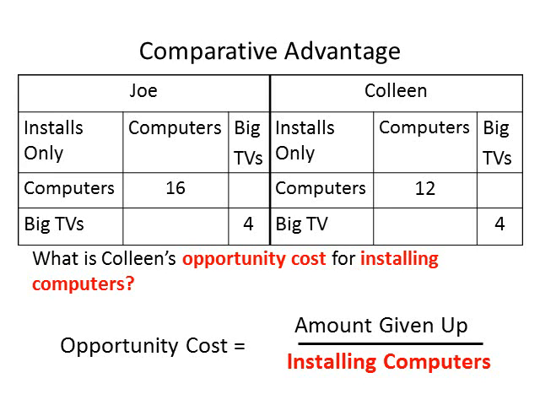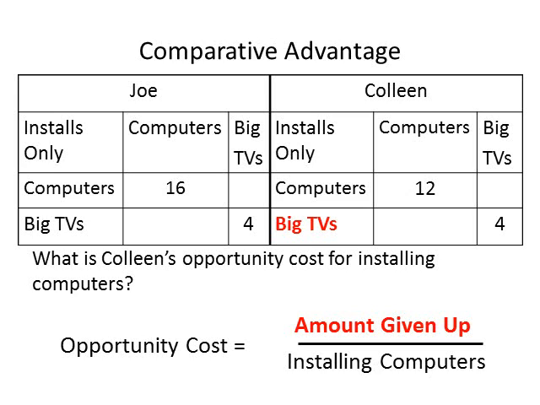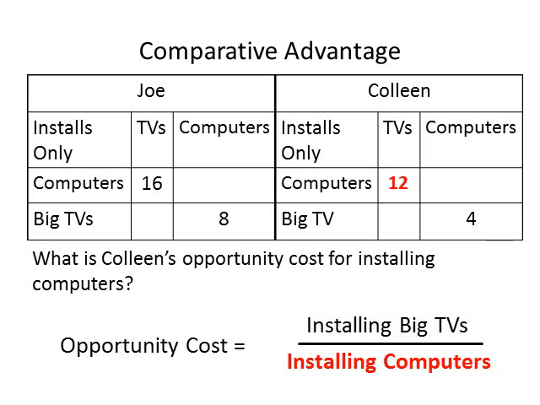Since we're finding the opportunity cost of installing computers, we will substitute it in for the amount gained. Next, we need to put in what is being given up. Since when Colleen installs computers, she gives up installing big TVs, we will put installing big TVs for the amount given up.